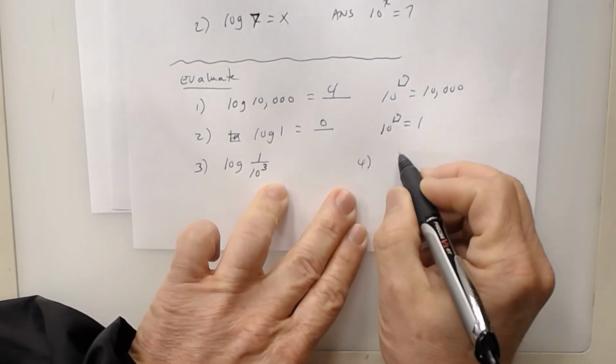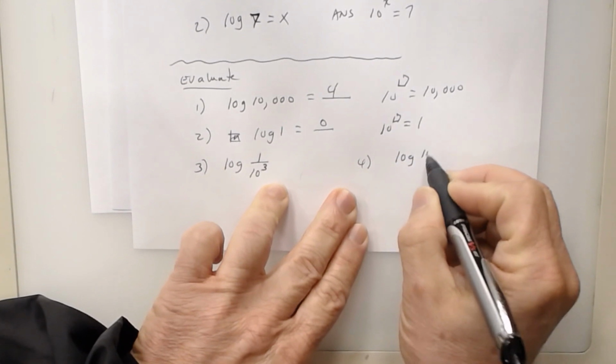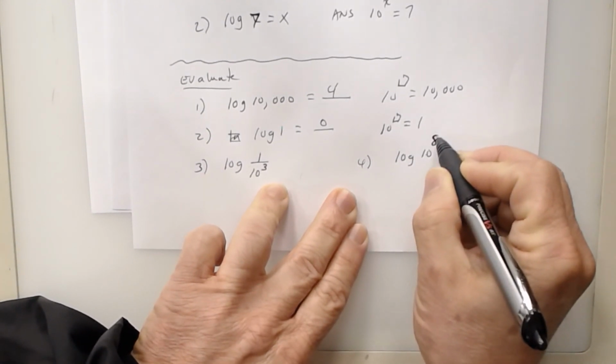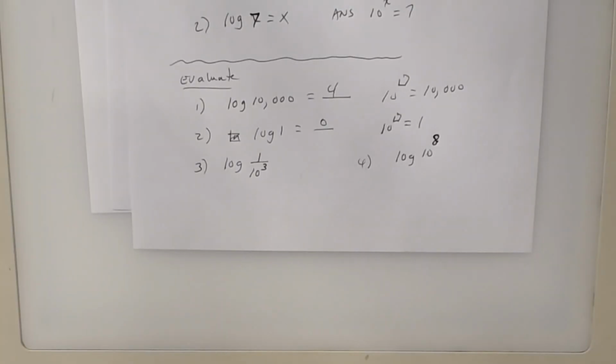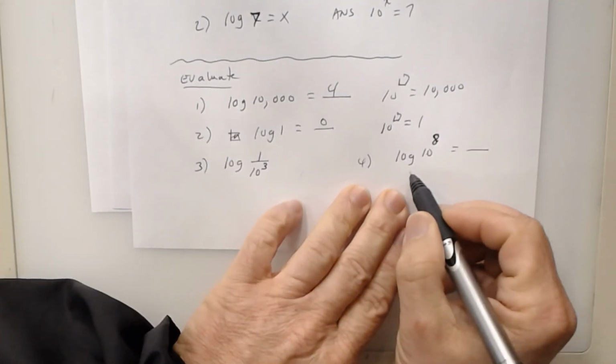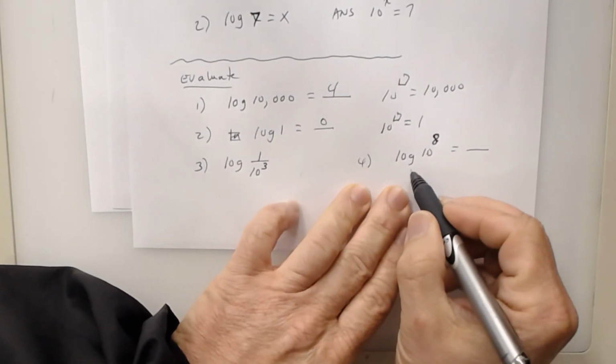Suppose I had this. The log of 10 to the 8th power. Remember from yesterday how you did this? So then it was going to equal blank. And so your base is understood to be what? 10. So you change it to an exponential.